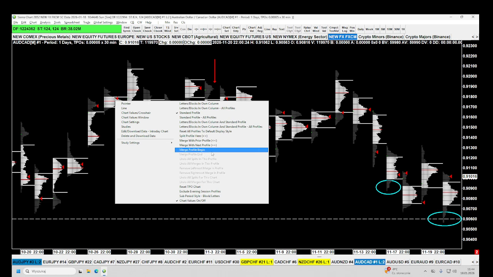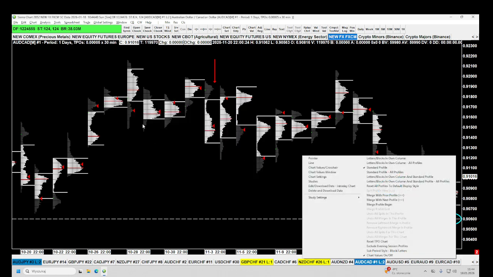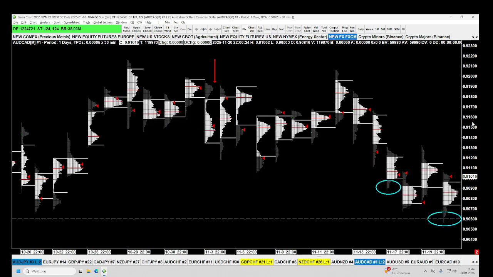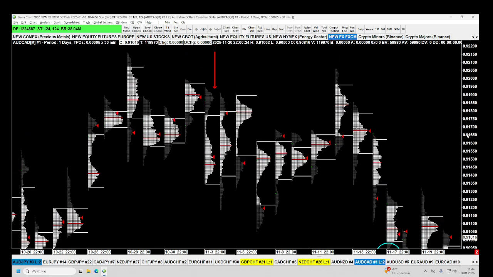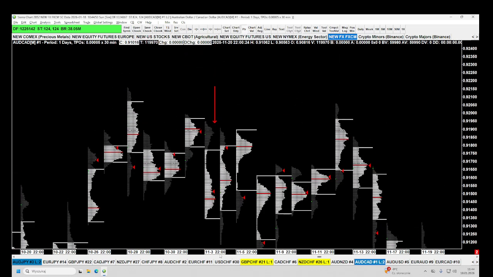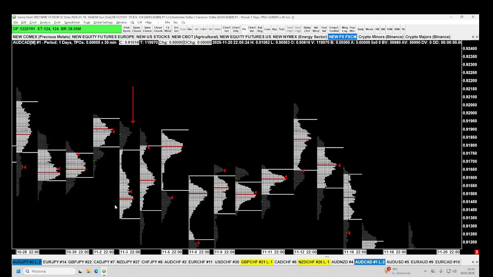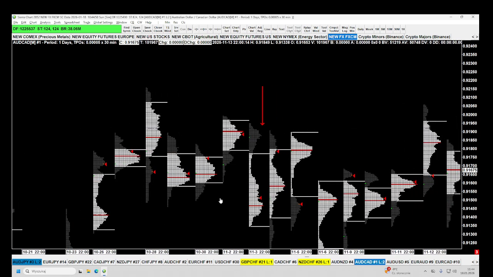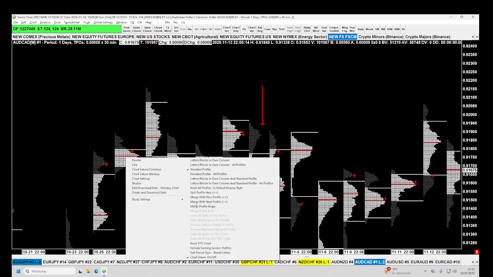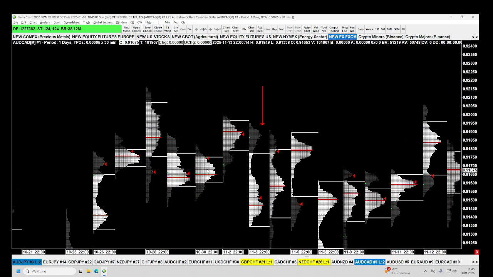In Sierra Chart, it's quite simple to merge those days. I'm simply clicking merge profile begin, and this is the last day, which was overlapping with the prior one, because as you can see, this day was a breakout day.